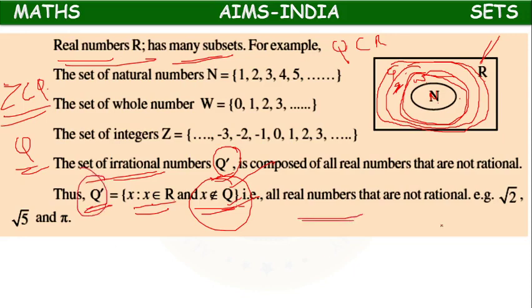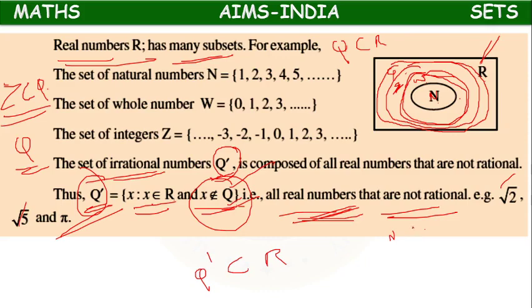So real numbers that are not rational, like root 2, root 5, they don't have exact root values. They are not perfect squares. Or pi, we can take them as irrational numbers.